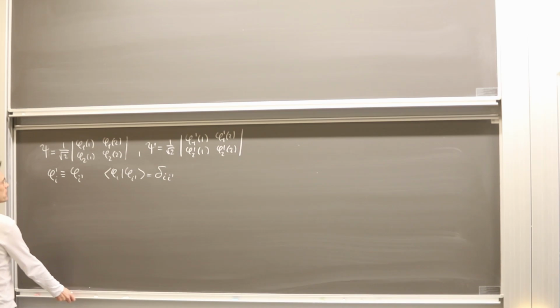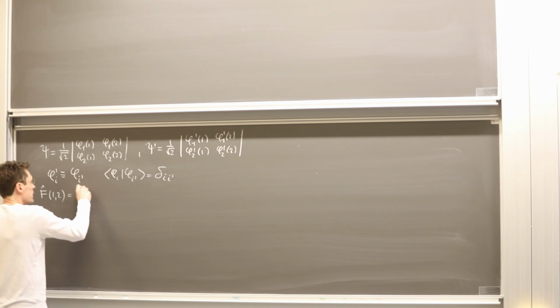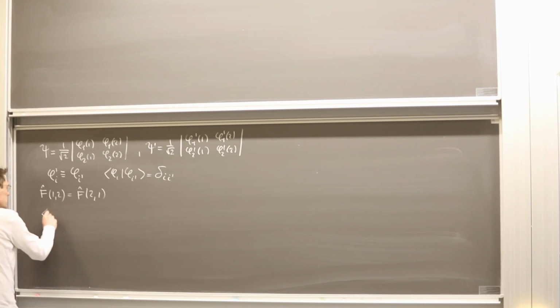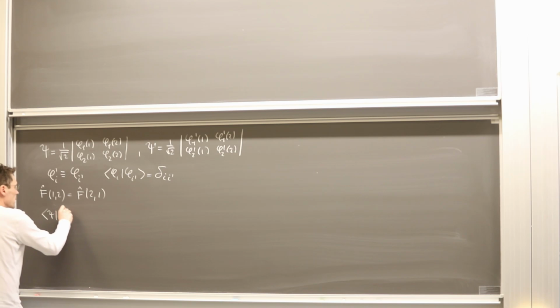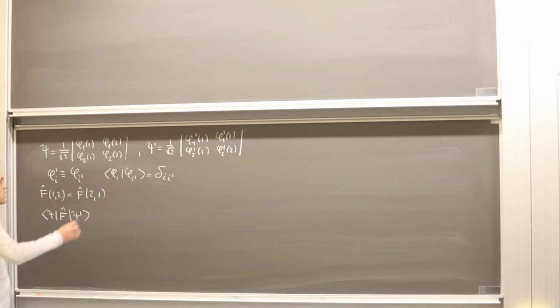All right. The operator we are talking about, I will denote as F. It operates on both electrons, and it's symmetric, so it doesn't depend on the ordering of the electrons. What I would like to compute is this particular matrix element.